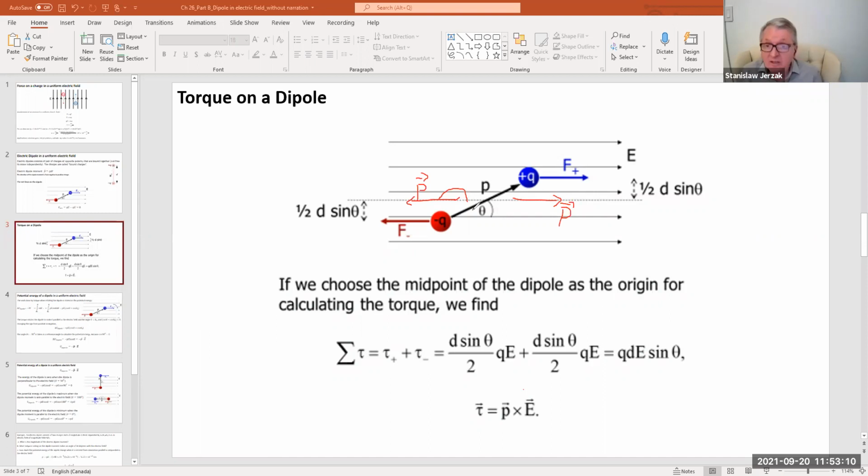But as you will see in a minute, the energy of the dipole when it is parallel differs. But for now, I wanted to explain the torque, that the angle theta will be changing.